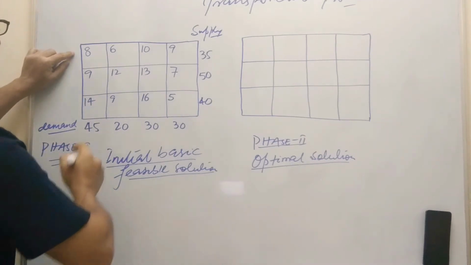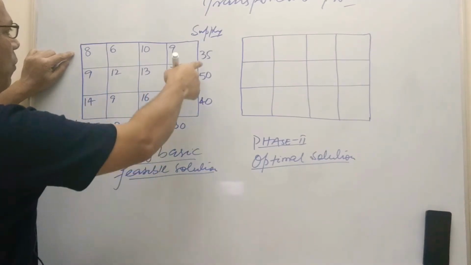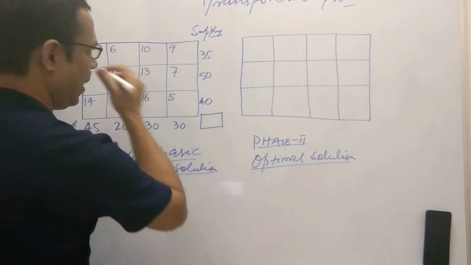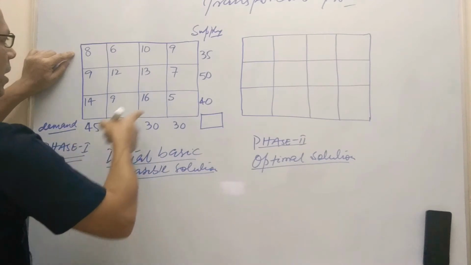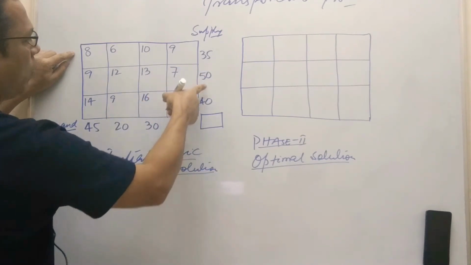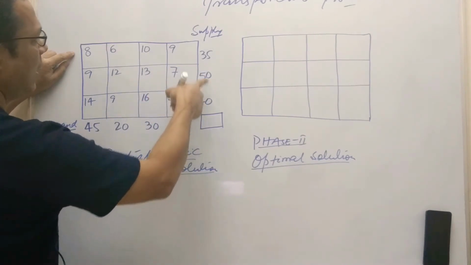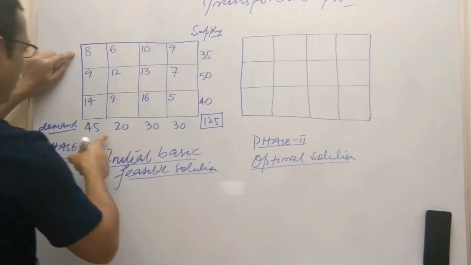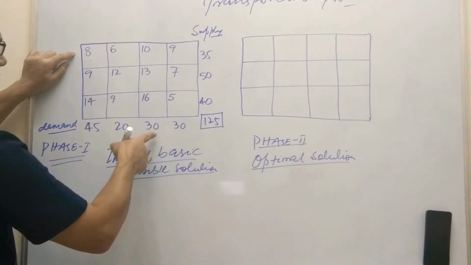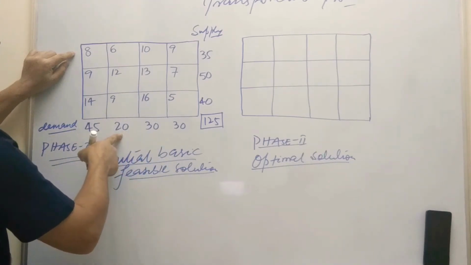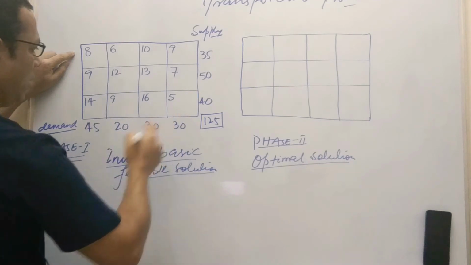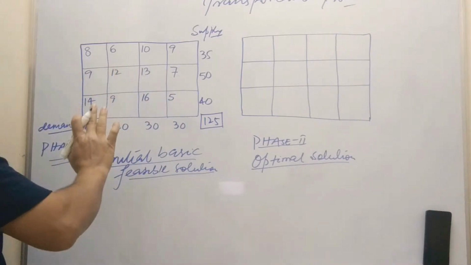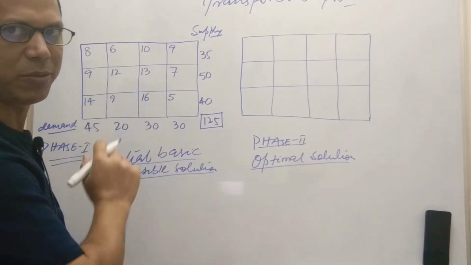Very simple. Before going to solve the problem, it is very important to check whether the supply and demand are equal or not. If you add up, 50 plus 40 is 90, and 35 makes 125. On the demand side, 30 plus 30 is 60, plus 20 is 80, plus 45 is 125. So supply and demand are equal. This type of problem we call a balanced transportation problem.